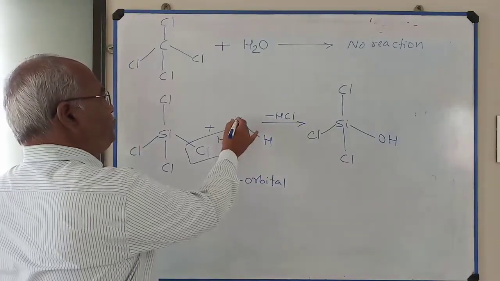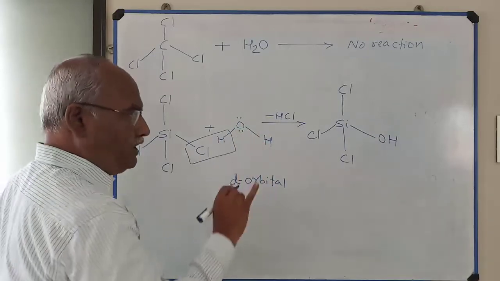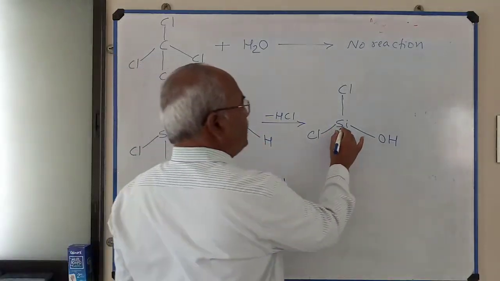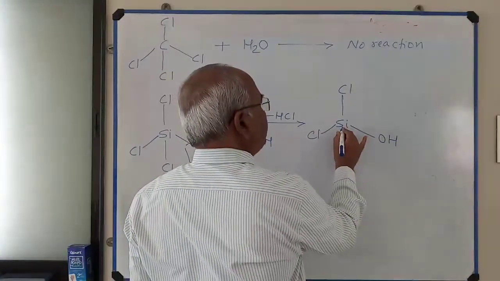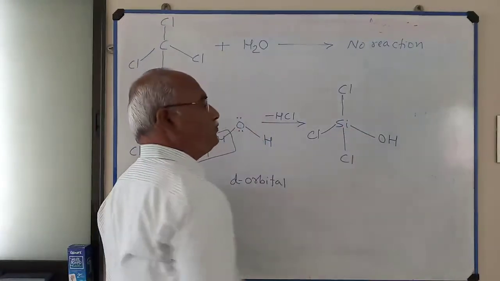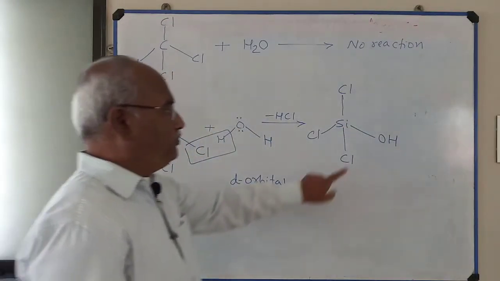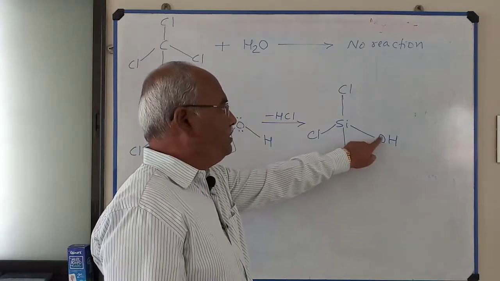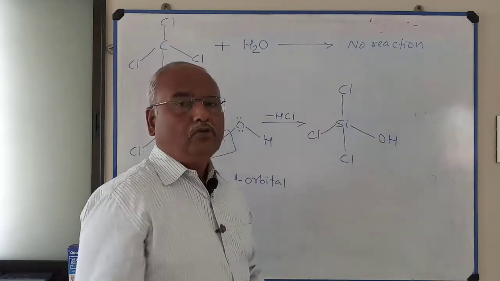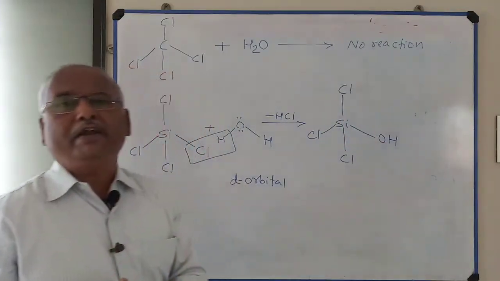This oxygen donates lone pair of electrons to the vacant d orbital of silicon. Oxygen gives its lone pair to the central silicon atom.